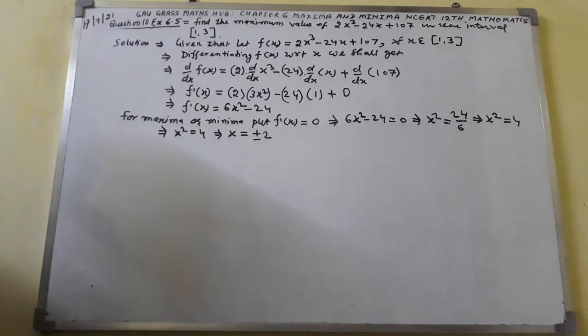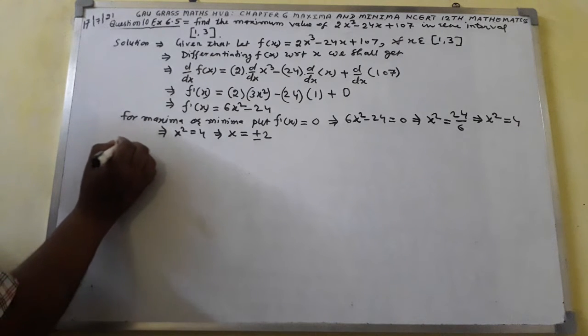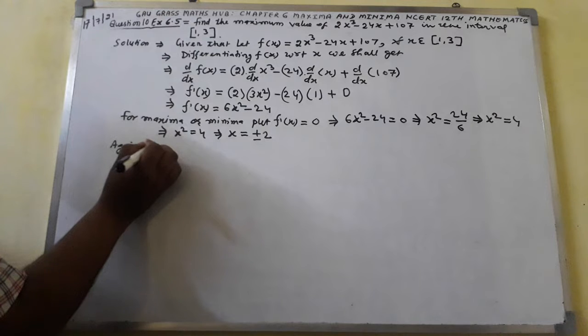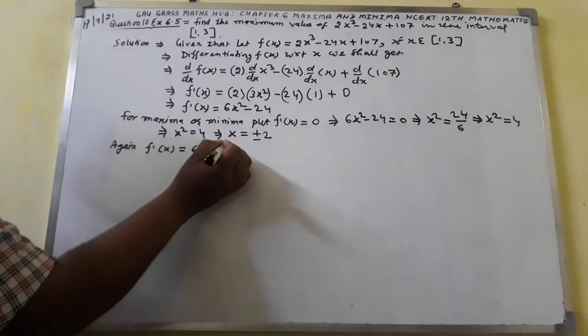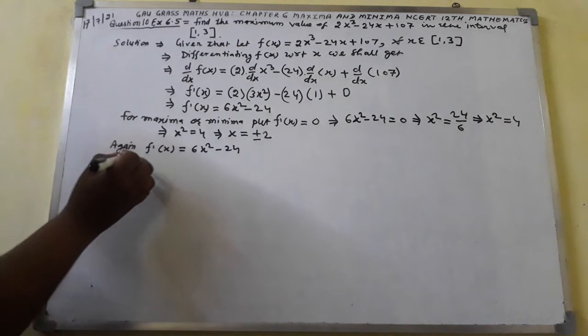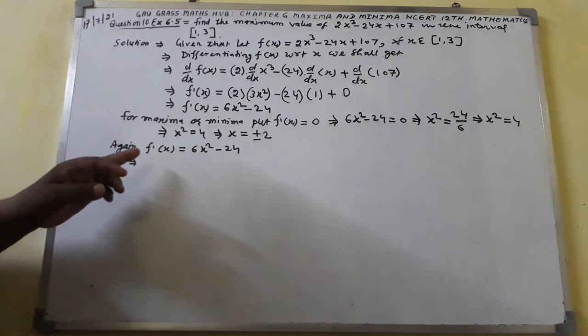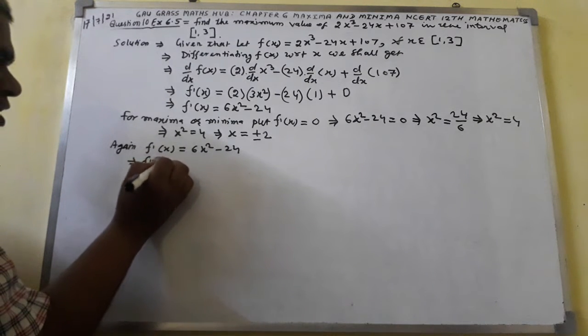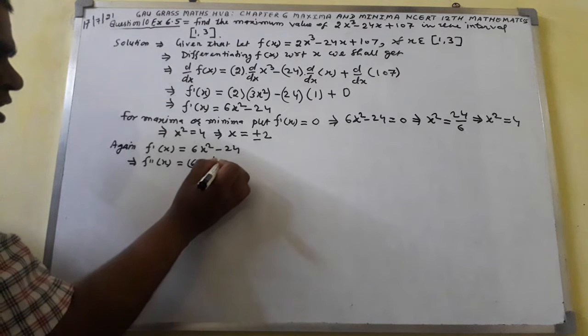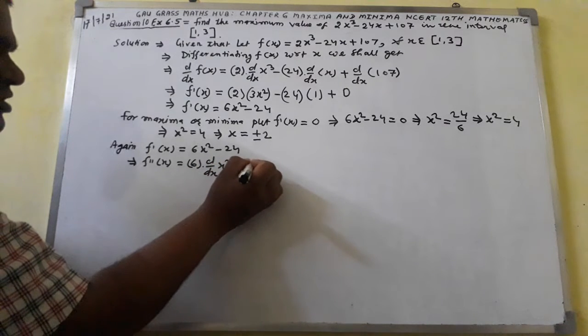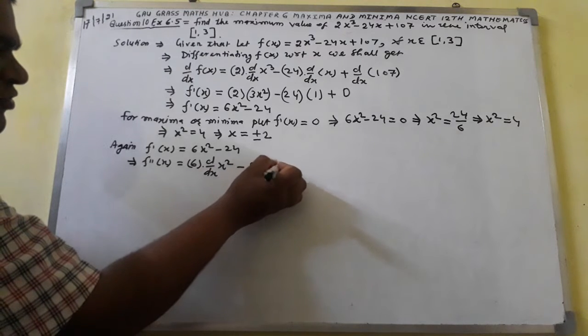Again I shall write f dash of x equal to 6x square minus 24, implied that f double dash of x equal to 6, in bracket, d over dx of x square minus d over dx of 24.